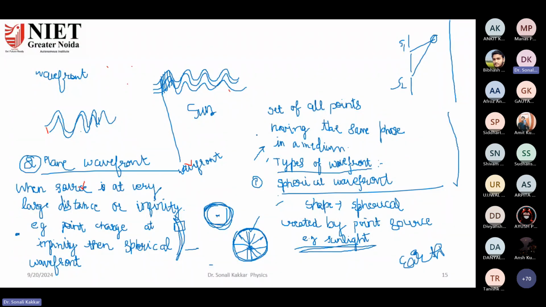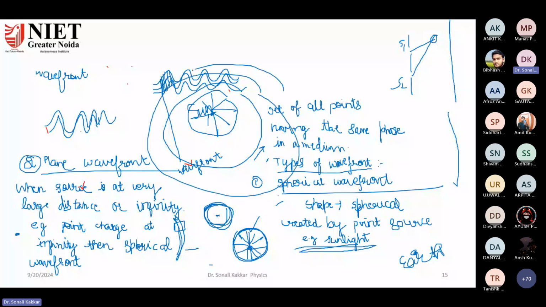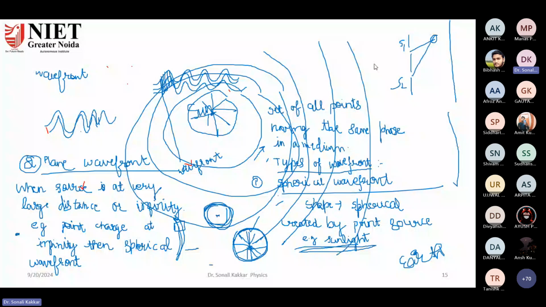Sun is emitting light in all directions, and if we are near the sun, it will emit spherical wavefronts in all directions like this. Now the same spherical wavefront at Earth, because we are at large distance from the sun, its small portion will appear plane to us. That is what I'm writing over here. For example, point source at infinity, then spherical wavefront will appear plane. Clear now?